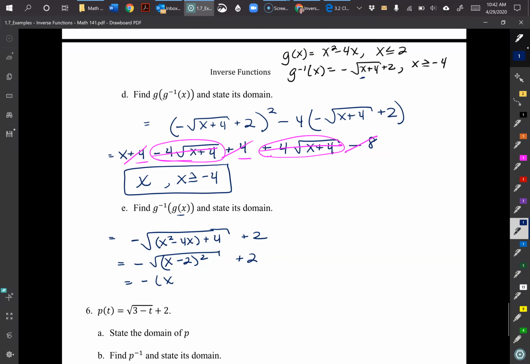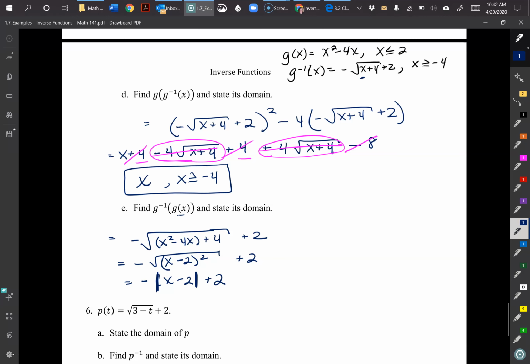We really want to make sure we're careful here. X has to be less than or equal to 2 for this one. So we're going to take it as the absolute value. It's the negative of the absolute value of x minus 2 when we take that out, plus 2.